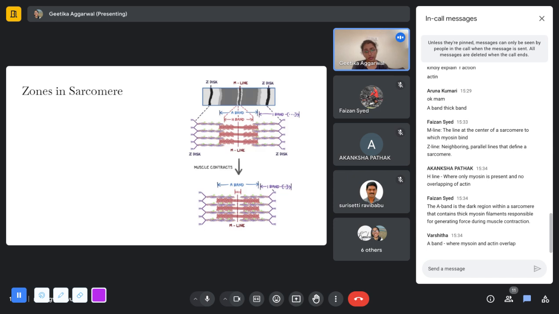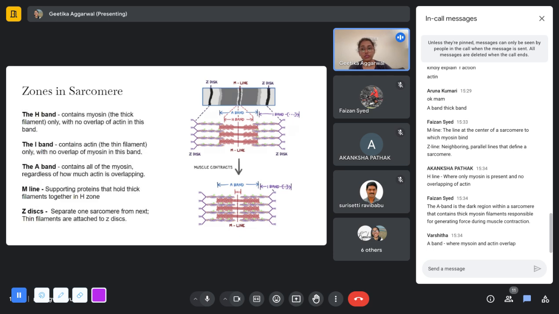Where myosin and actin overlap. Are you sure? Because here you can see that the A band is from here to here, but in the middle region there is no overlap of actin and myosin. So basically, the A band is the region where there is myosin, and it does not matter whether or not it overlaps with the actin in those areas.